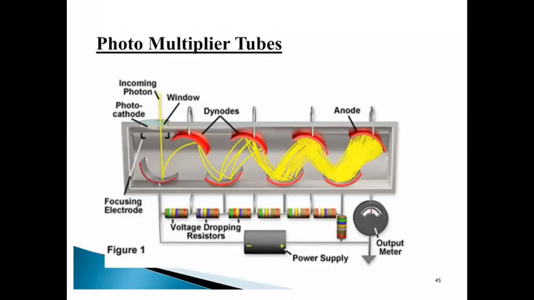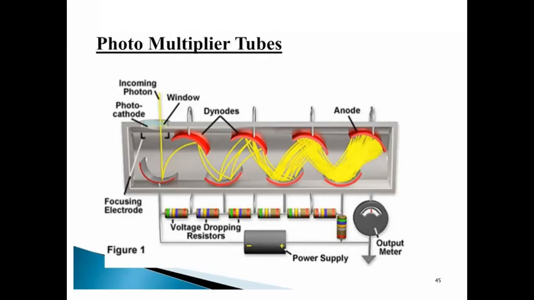If you see the construction of the photomultiplier tube, again this is an evacuated glass bulb. One is the photocathode, another is the anode. The dynodes are also there.